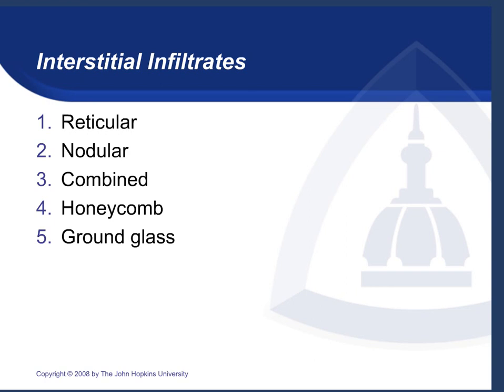Interstitial infiltrates can be reticular, they can be nodular, they can be reticulonodular, they can be end-stage or honeycombing, or they can be ground glass. We'll hear more in the next lecture on honeycombing and ground glass by Dr. Horton. I'm going to focus more on the reticular and nodular and the combined processes here for interstitial infiltrates.